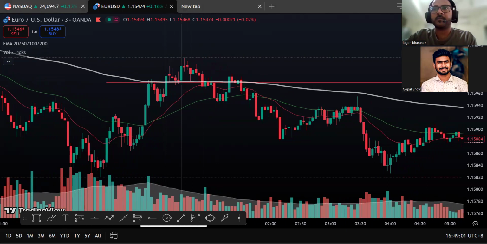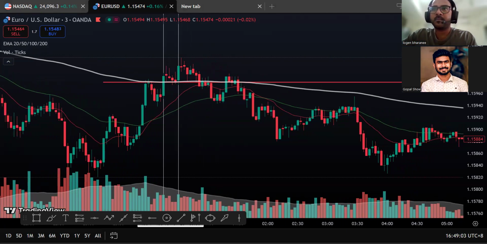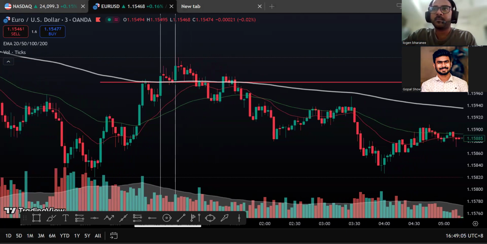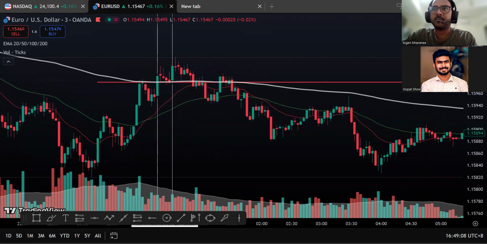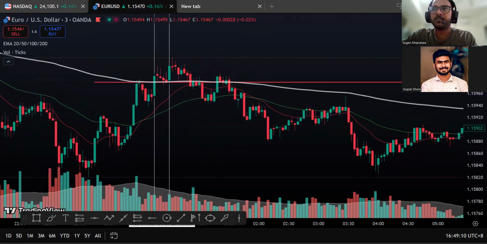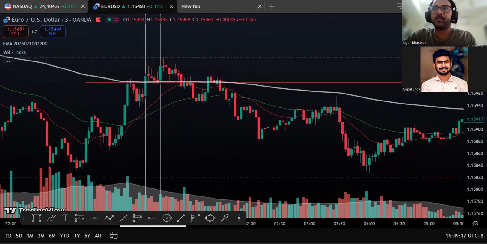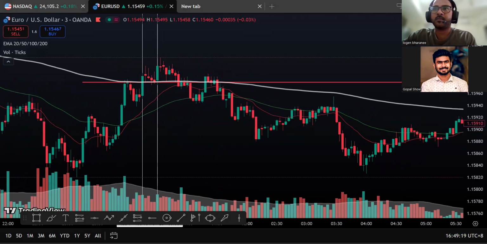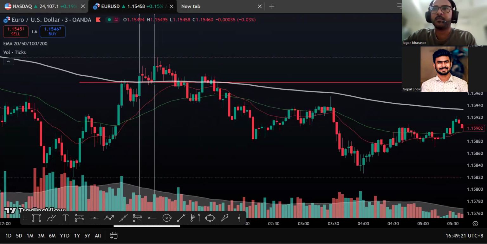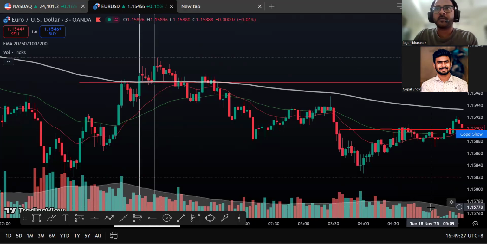Slowly, shift. Now breach happens. Finally breach happens in this area. High volume. Just wait. I think from this area we can see some buying. Let's shift the chart.